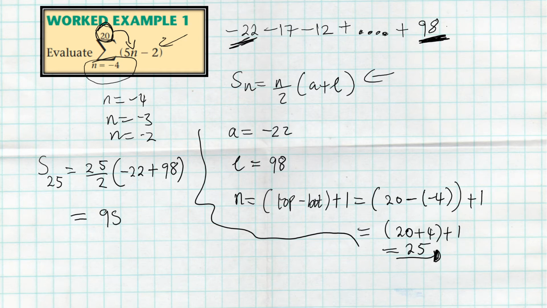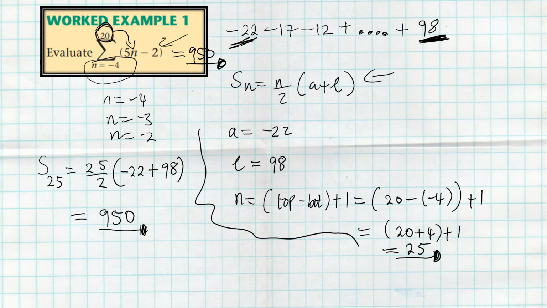The final answer is going to be 950. So when they say evaluate, they need the answer for this sigma. It's 950 because it's the sum of an arithmetic series where n starts from minus 4 up until 20. So its value is 950.